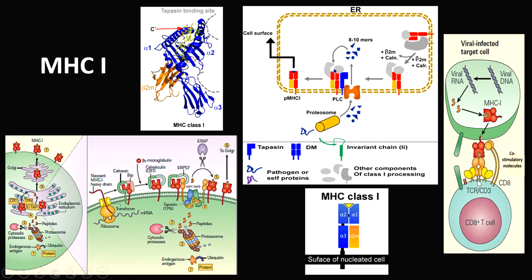Upon interaction between the TCRs and the MHC molecules bound with the antigen, along with different co-stimulatory molecules, the CD8 plus T cells are stimulated. Okay, so this is the endogenous pathway, how this MHC1 molecule works.